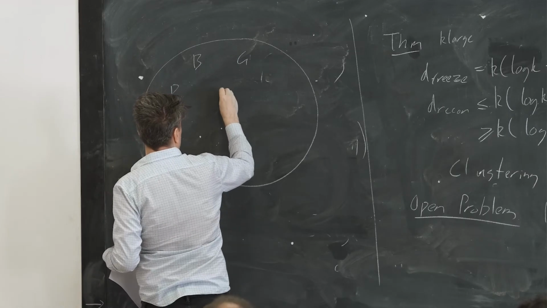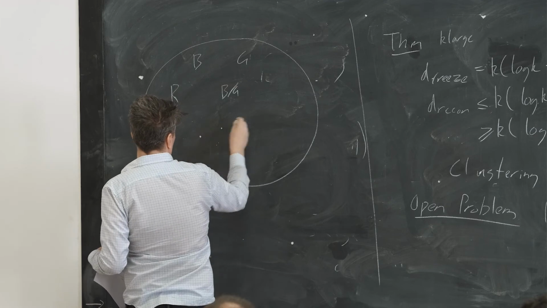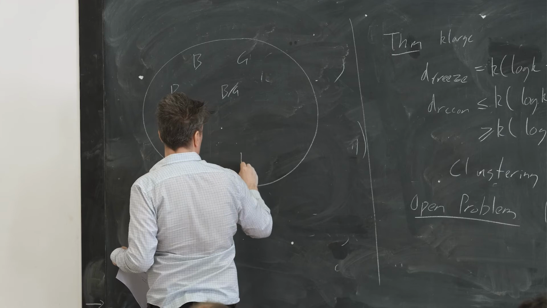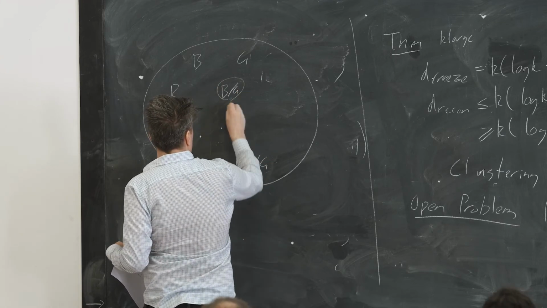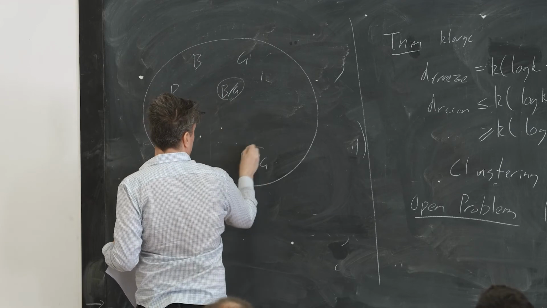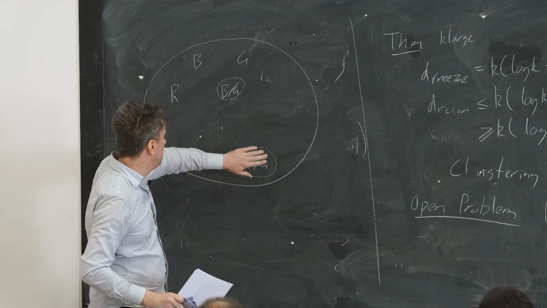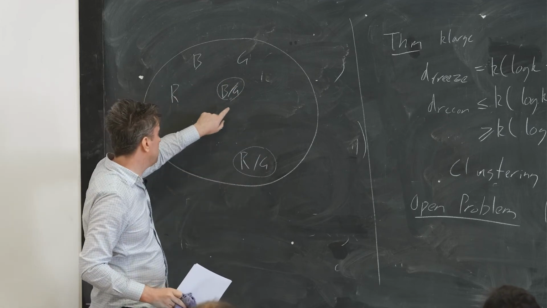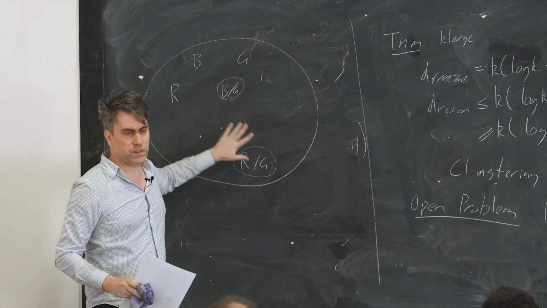But then I get some which are either blue or green, or either red or green. And these are the free ones. I'd like to think of the measure inside this cluster as basically a product measure over these free variables.